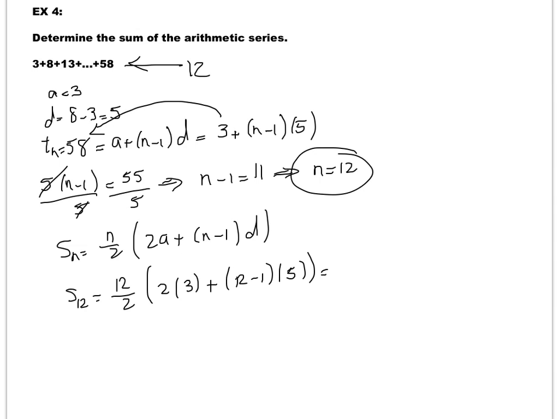This becomes 12 over 2 is 6, times 2 times 3 is 6, plus 12 minus 1 is 11 times 5 is 55. Now 55 plus 6 gives me 61. And 61 times 6 gives me 366.